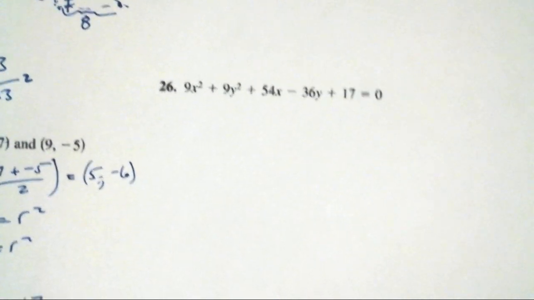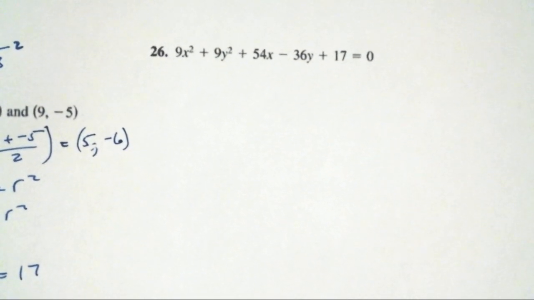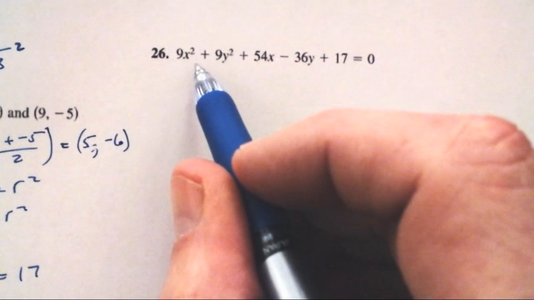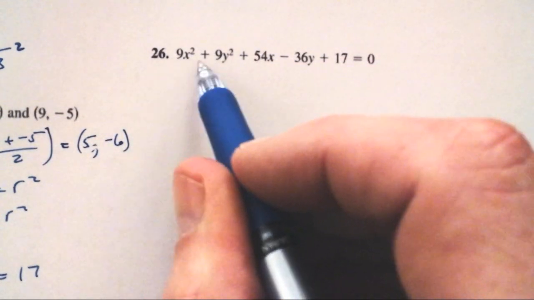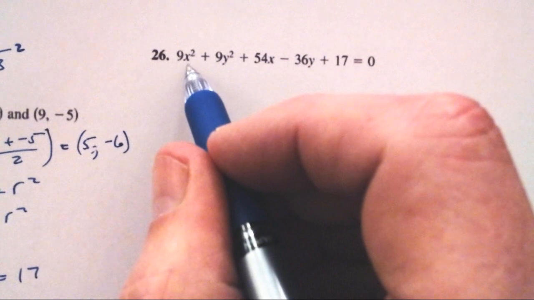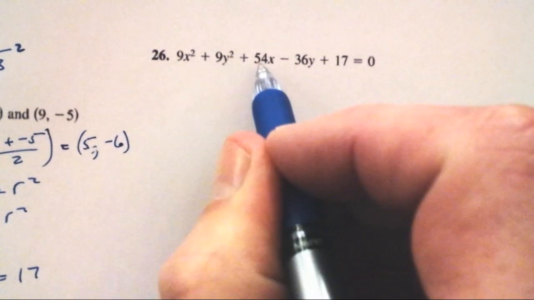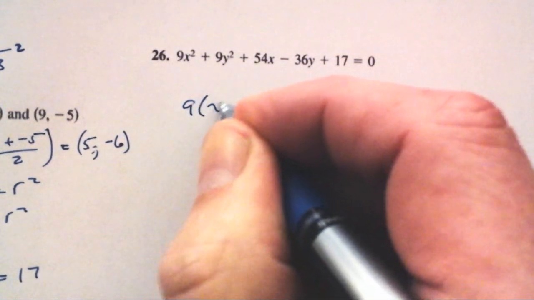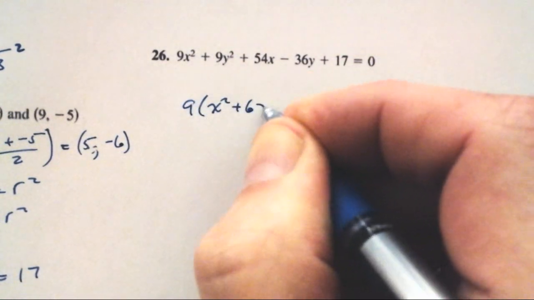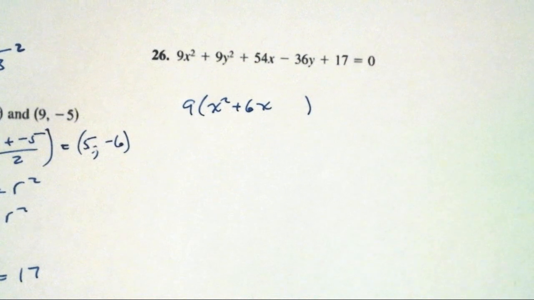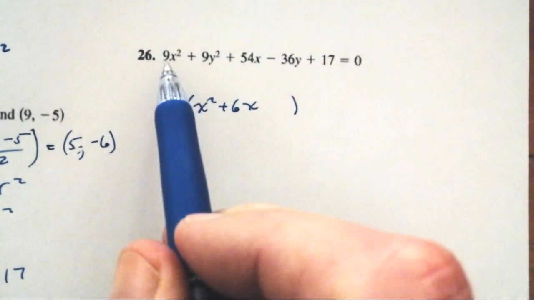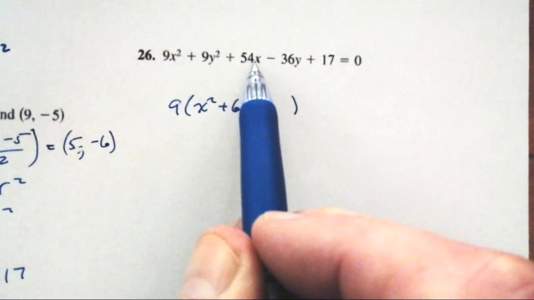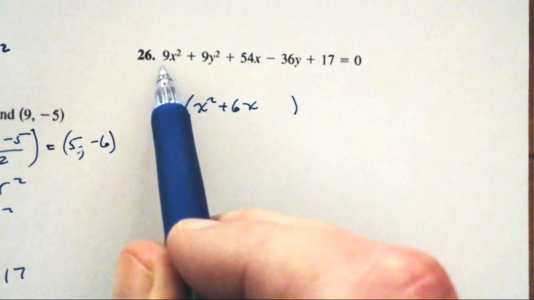Now this problem we're going to need to complete the square, which we were working on in the previous sections in the book. But anyway, I want to group my x's and factor out a 9. So I get 9 times (x² + 6x, leave a blank). Now important to note here, if this was 17x² and 54, I would still factor out 17.